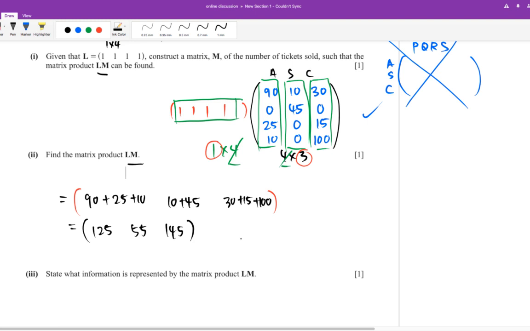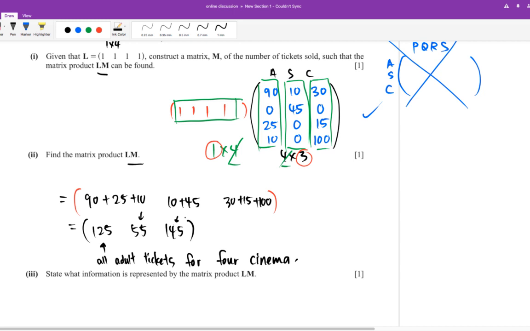Basically this is the total number of adult tickets sold in all 4 cinemas. The 55 will be all student tickets in all 4 cinemas, and 145 is the total number of tickets for children in 4 cinemas.